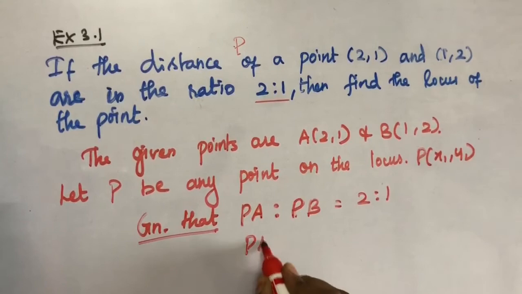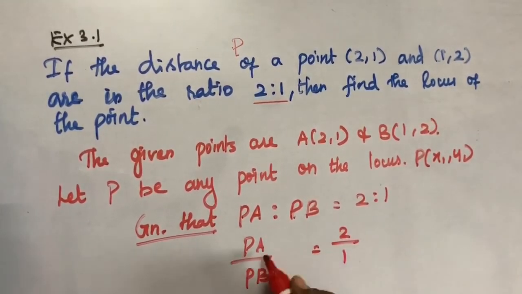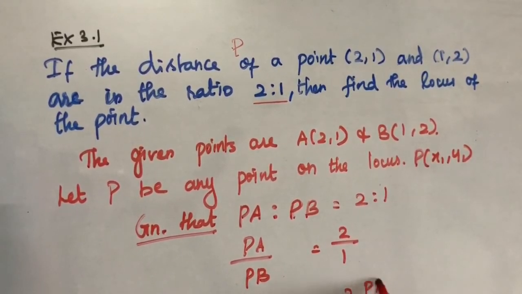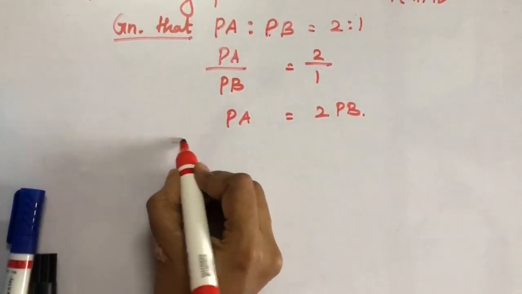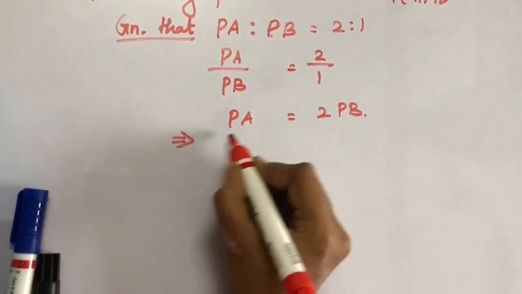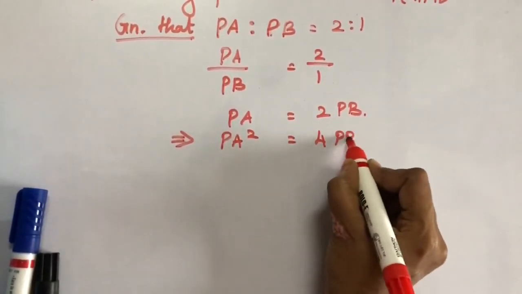So PA by PB is equal to 2/1. While cross multiplying, PA is equal to 2PB. That implies PA square is equal to 4PB square.